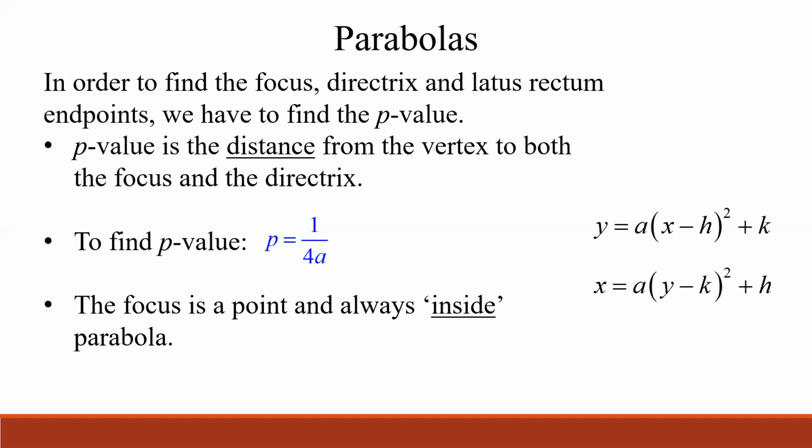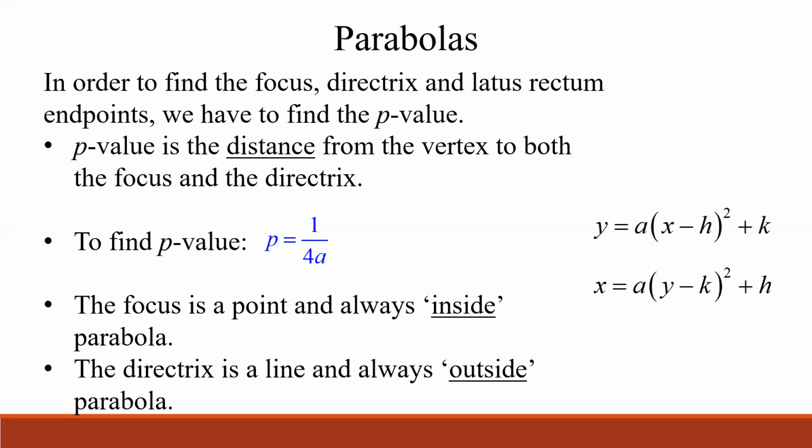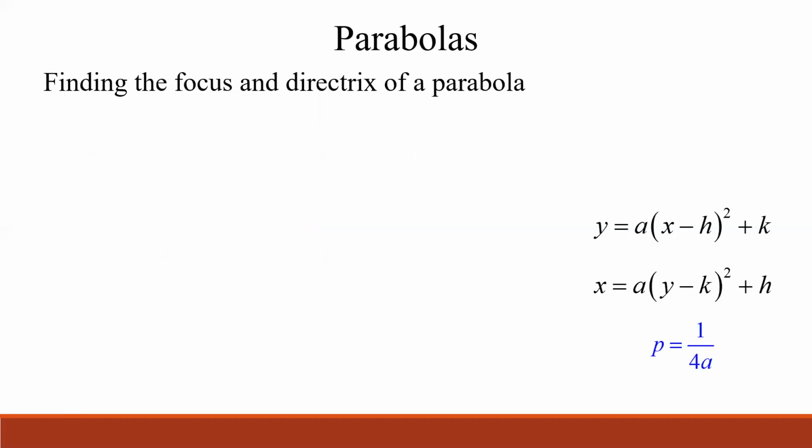So whatever direction you see that it's going, if it's up or down or whatever, the focus is always going to be inside of that curve. And the directrix is a line, and it's always going to be outside of the parabola. Okay, so important things to remember, and if you follow along with how to use the p-value to find those spots, it almost graphs itself, and you'll see what I mean by that in a few minutes.